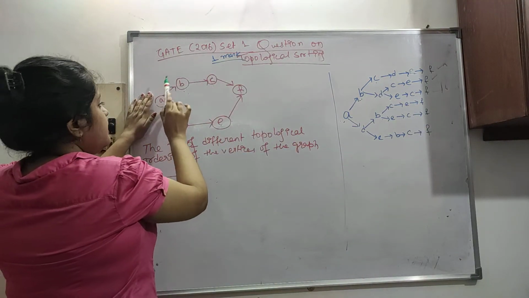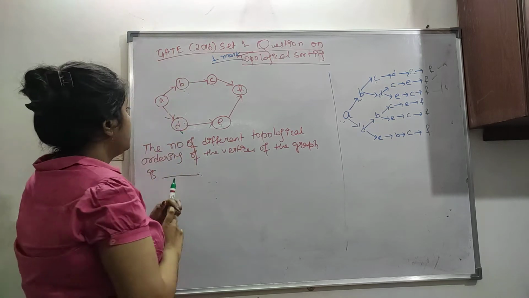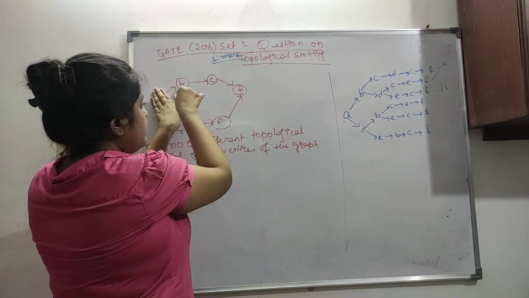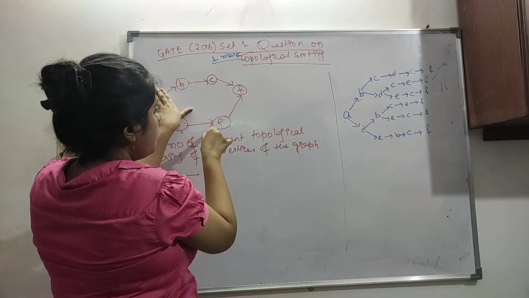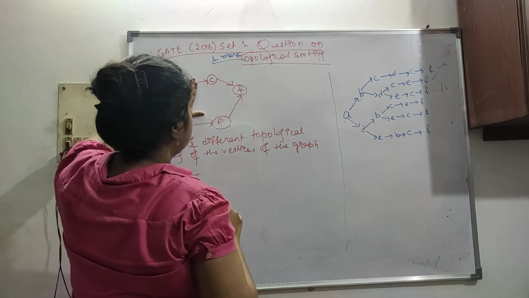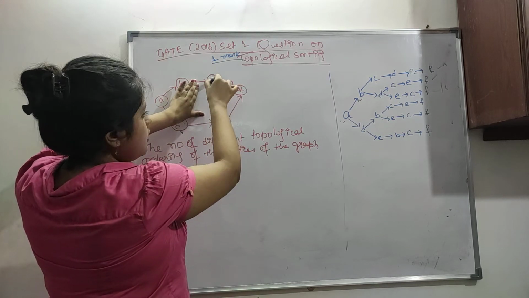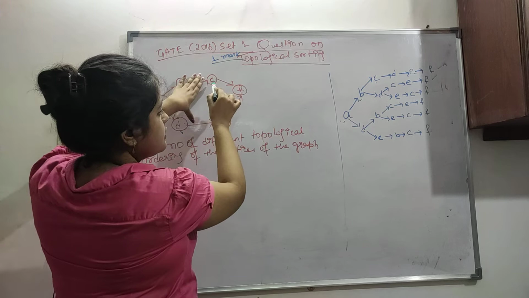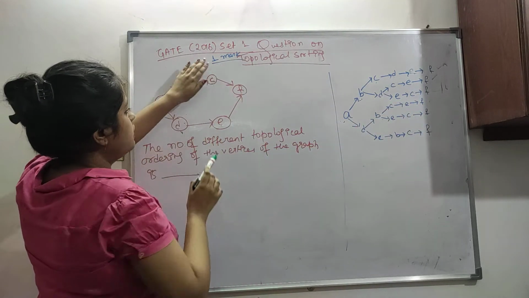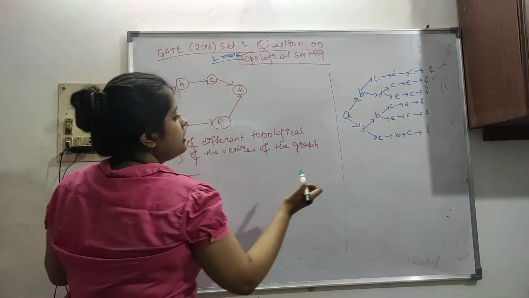Now next, B is not deleted. We can delete B or D either after E. Let's say A and B are deleted. Now we can delete B or E. If we delete B, these three are deleted, and now we can take the C part. Then we have only one option, delete E, and then F can be deleted.